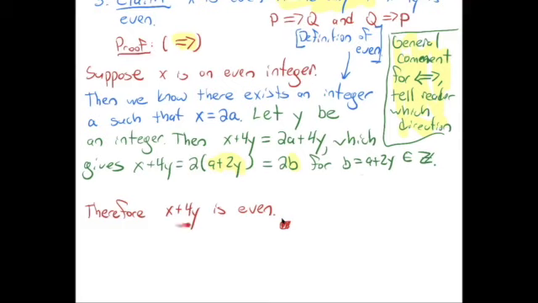And that by definition means that this thing is even. So there's nothing else I need to say over here, because once I've shown that x plus 4y is equal to 2 times an integer, that proves that it's even. Any questions?